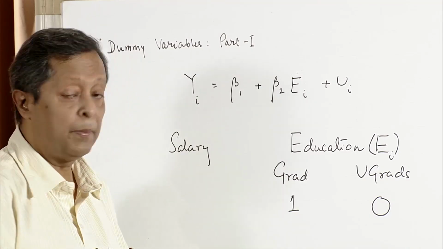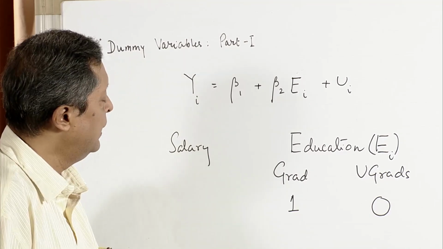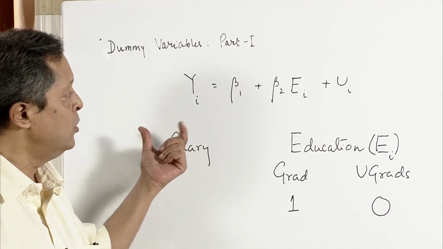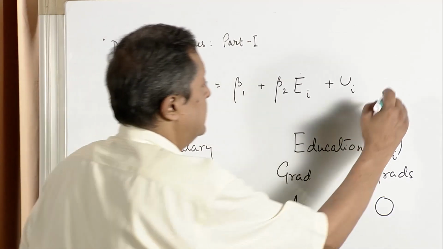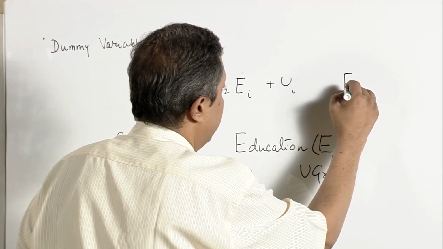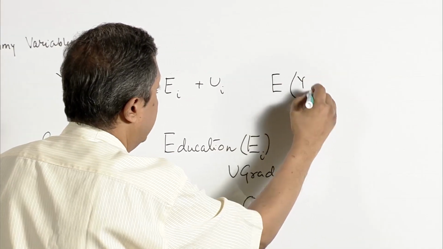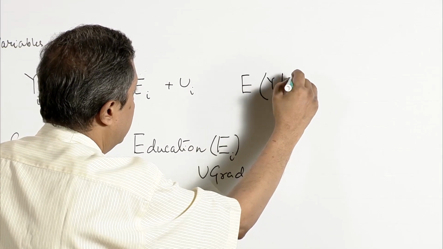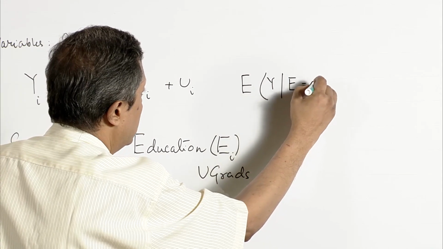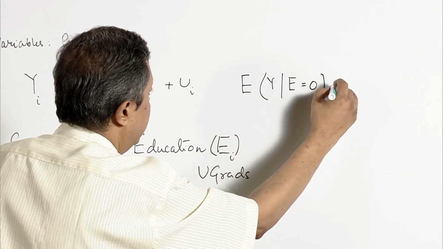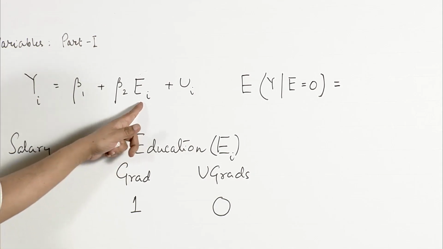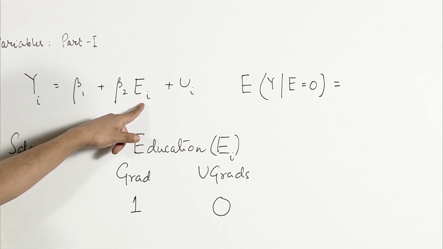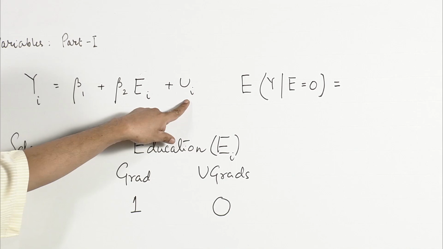So, how do we interpret this model? If we take the expected value of y, then expectation of y given E equal to 0 means the value of E will be 0, and expectation of u_i as we know is 0.